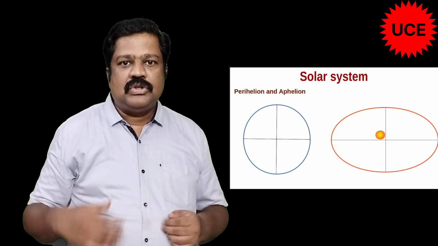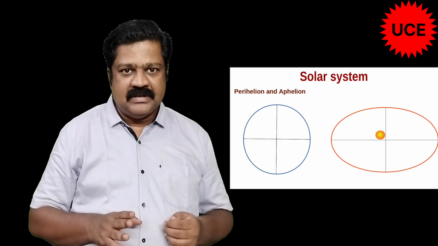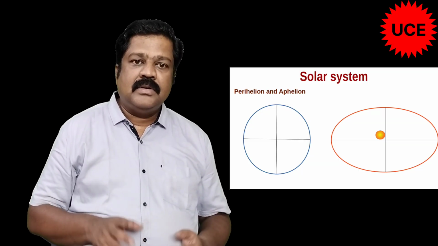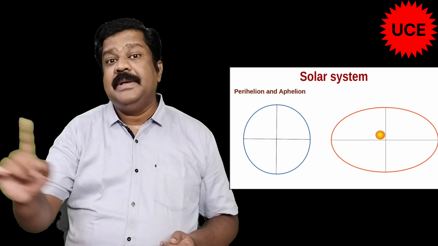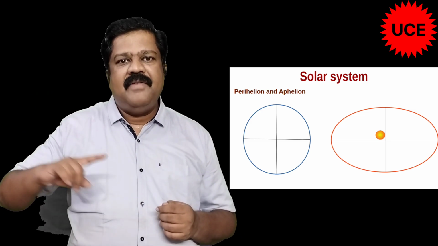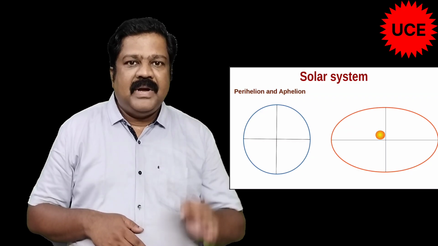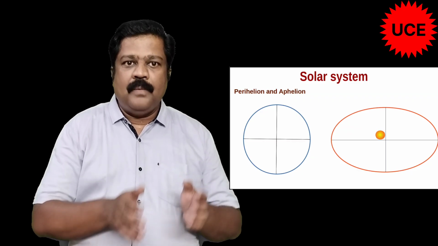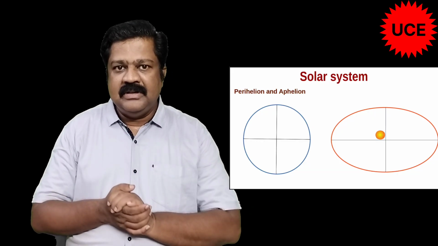Very close. So perihelion, the close to Sun position. Whereas if the object is away from the Sun on that elliptical orbit, at the maximum distance, then we call that the aphelion position. So perihelion, very close to the Sun; aphelion, away from the Sun.